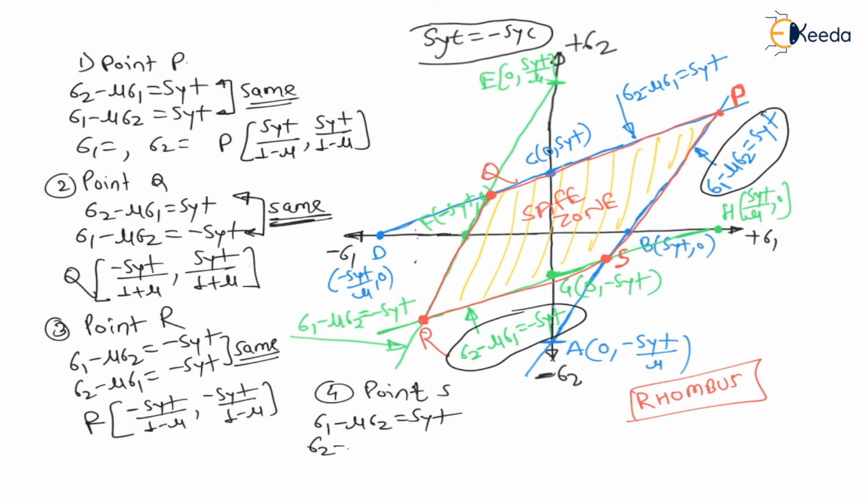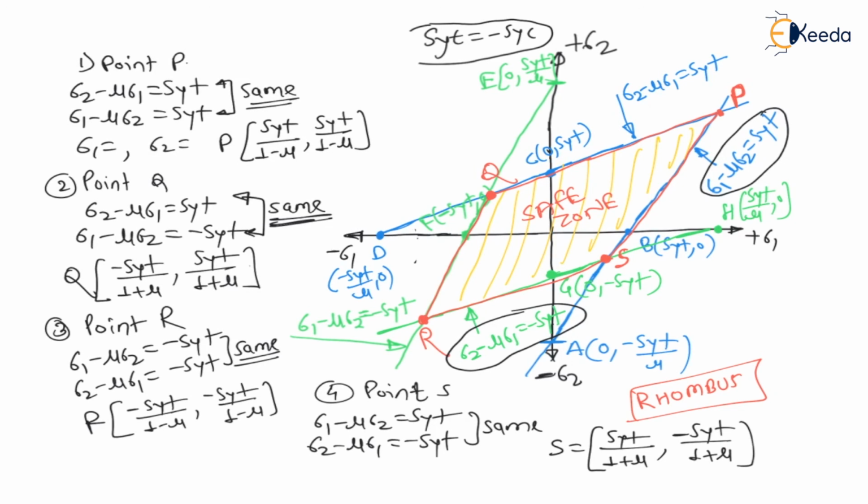These two lines become the same at point S. Solving this, the coordinates of S are SYT divided by 1 plus mu, comma minus SYT divided by 1 plus mu. This is how we can find the corner points of a rhombus.